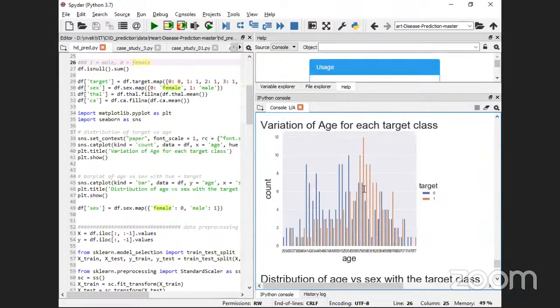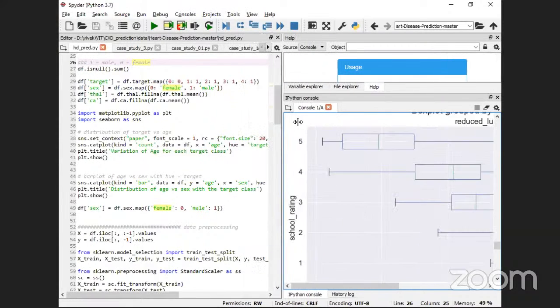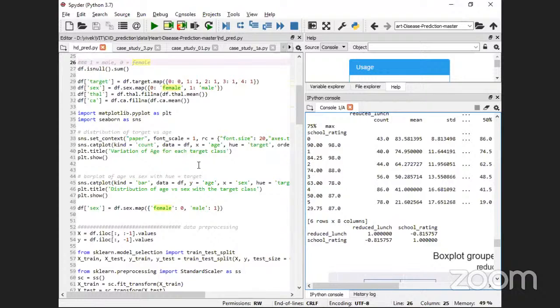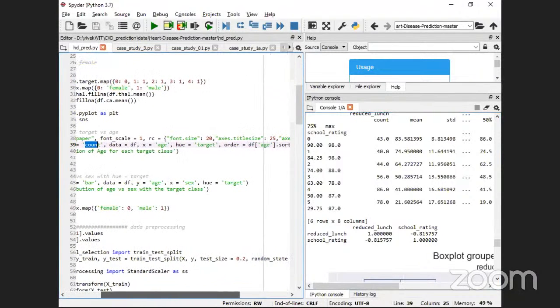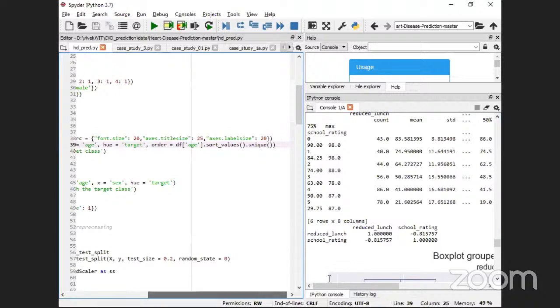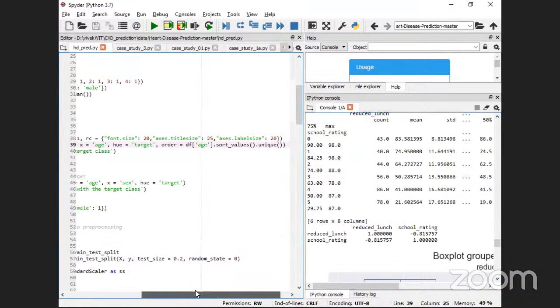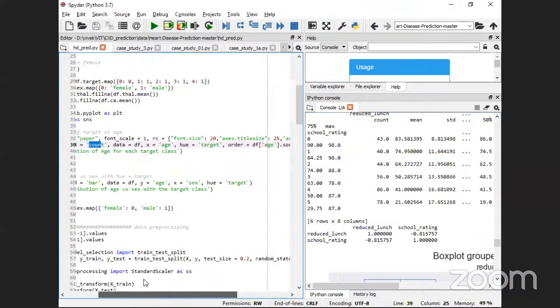So to understand the distribution with respect to age, you can use this plot and you can understand the data set. For example, here count is used, so it will count with respect to age and also with respect to the target, and you can sort out this value, only unique values will be taken, and order that according to age.